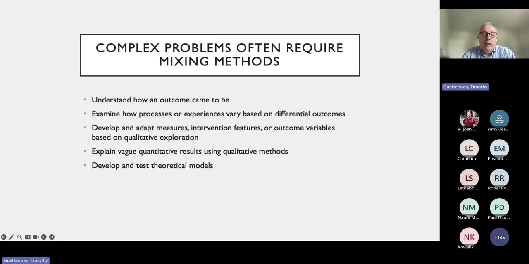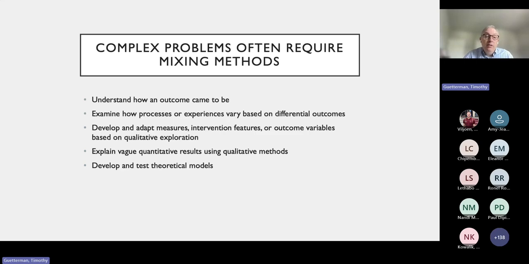Why is that happening? How did that come to be? Maybe it's to examine how a process or experiences vary based on a differential outcome. So if we look at high scoring individuals or sites versus lower scoring, does process maybe explain some of that? Are there different ways that these places are operating?